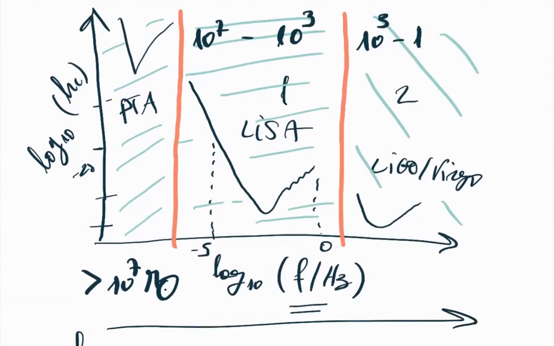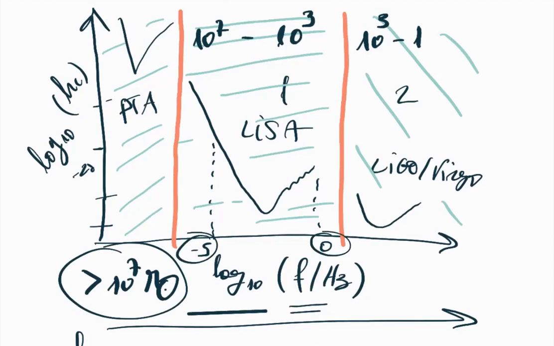So on the left, we have the very massive things, the real supermassive black holes, 10 to the 8, 10 to the 9 solar masses. In this in-between regime here, between 10 to the minus 5 and 1 hertz, we're talking about masses of 10 million solar masses and 1,000 solar masses.